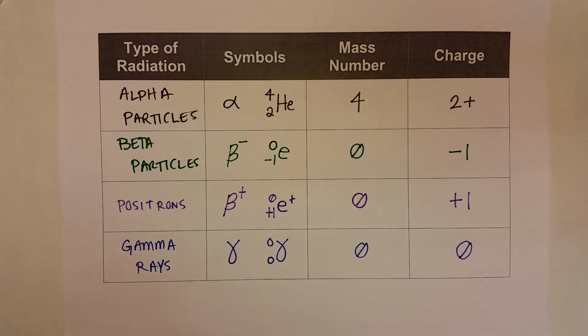Of course, these different types of radioactive substances are emitted through nuclear reactions, and there are actually 2 types of nuclear reactions. There are nuclear fission reactions and nuclear fusion reactions. If you think about the 2 names, we might be able to come up with the definitions of them.